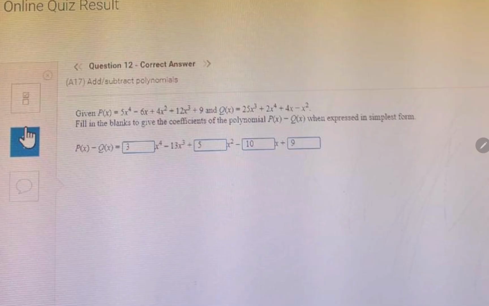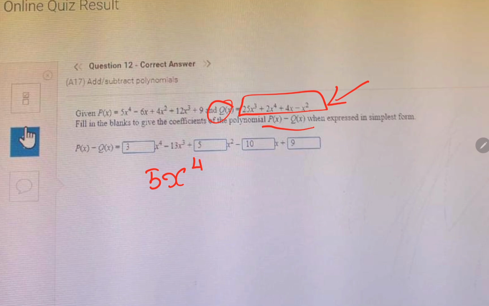Now question number 12. We need to subtract px from qx, but here qx is positive, so that means we need to change the sign of every single monomial, or the whole polynomial. We need to change its sign. So first we start by putting px. We have 5x to the power of 4.